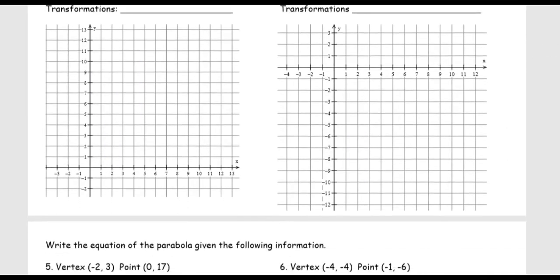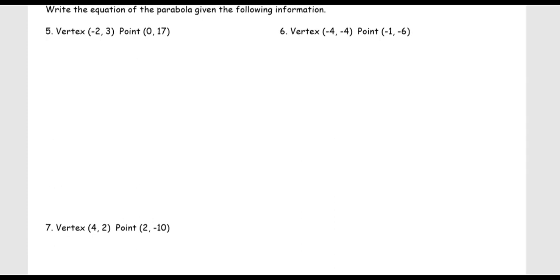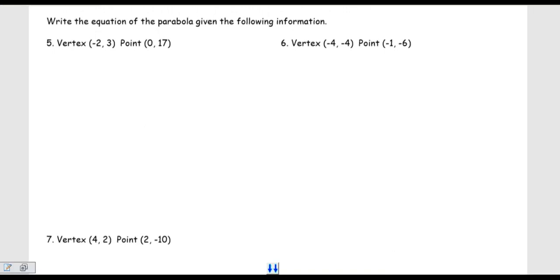For these next problems, 5 through 7, they're going to give us a vertex point, and they're going to give us a random point on the graph, and we are going to write the vertex form of this quadratic equation. So just to keep in mind, vertex form is y equals a x minus h squared plus k.